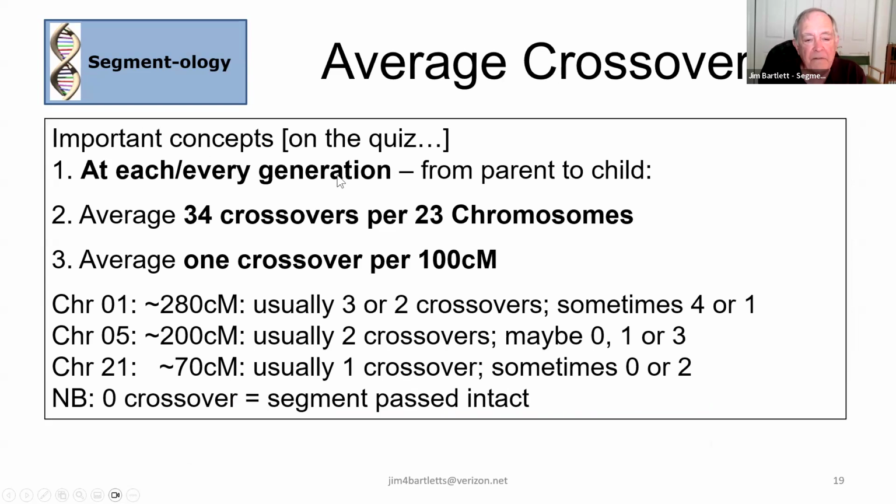So at each and every generation, from parent to child, there's an average of about 34 crossover points per 23 chromosomes. It varies a little bit between mom and dad, but the companies generally use these averages. So that's an average of 1 crossover per 100 centimorgans.